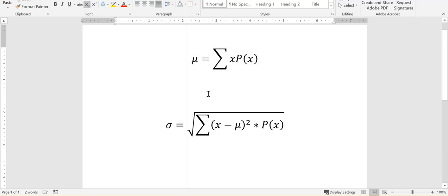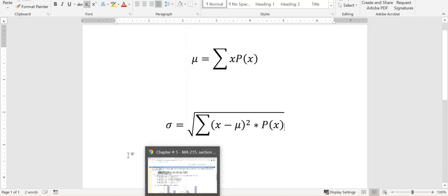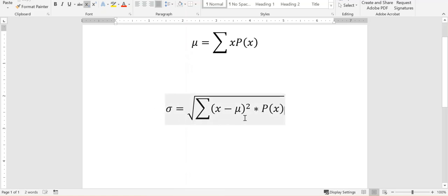This is a capital sigma, by the way, this big capital E, which is kind of confusing. This is capital sigma, and then this down here is lowercase sigma. So the capital sigma means to sum things up. So I take each of those, multiply it by the corresponding probabilities, I get the answer, sum them all up, and that'll be my mu, that's my expected value. Then the next thing it's asking me to do is find the standard deviation for the probability.